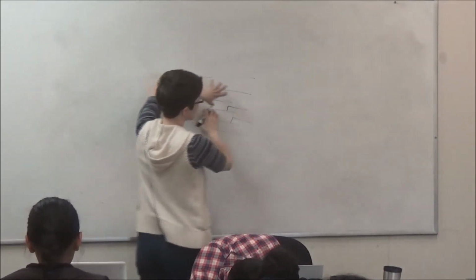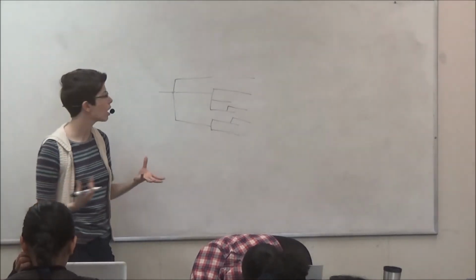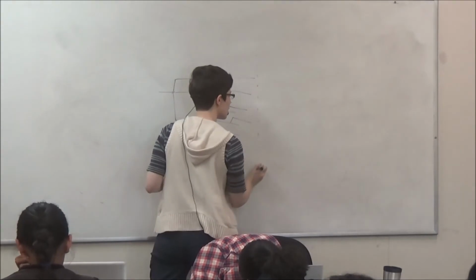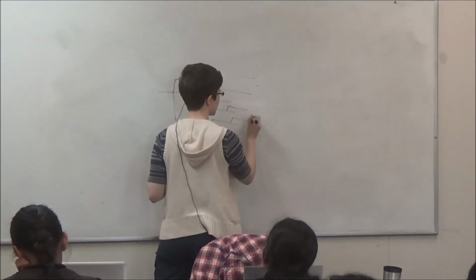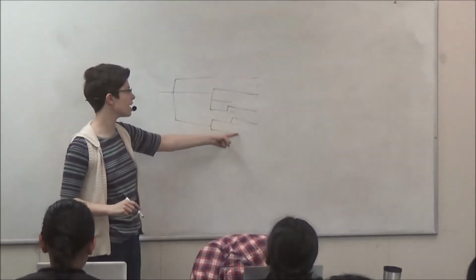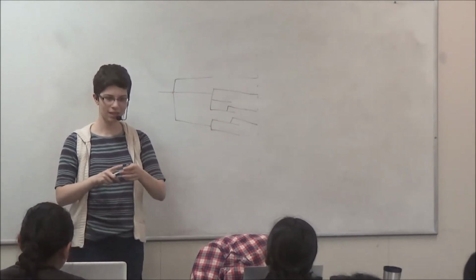Where you have branches, we think of them as the current species. Think of the endpoint as being species that exist today. Any species branch that didn't make it all the way is extinct. Okay?